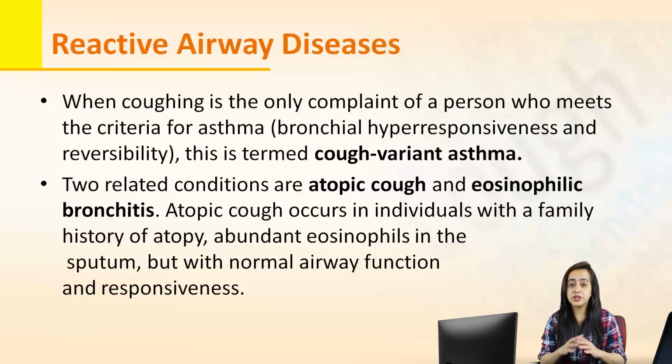Now, this is particularly very common in asthmatics. The patient may or may not know that he has asthma, and will only complain of cough. There will be mild or no breathlessness associated with the cough.